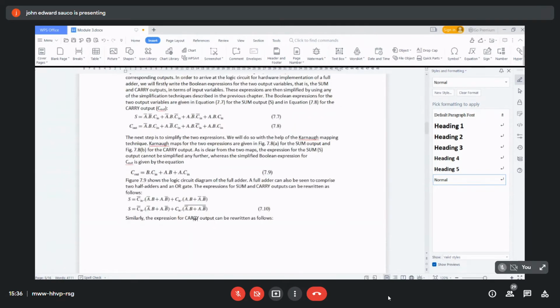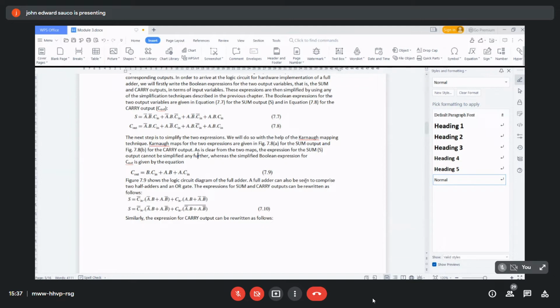So, based on that, it is clear from the two maps that the expression of the sum output cannot be simplified any further. So, the carry out is given by this equation. Show the logic diagram of the full adder.